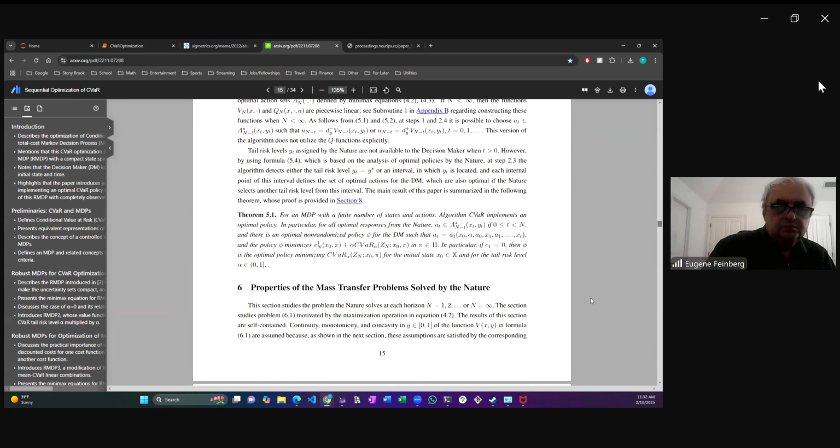This is a convex hull of derivatives, or of tangencies, of each line. I'm sure that it's mentioned in this paper, and we can use this in this algorithm. I think it is used, yeah.